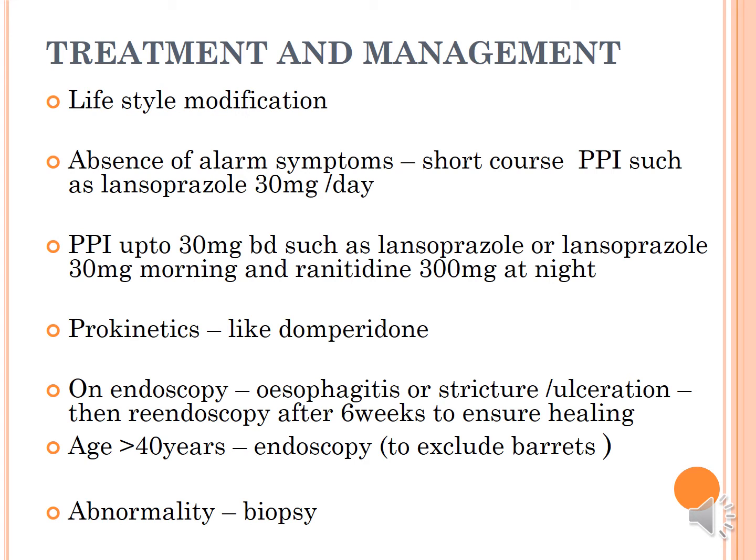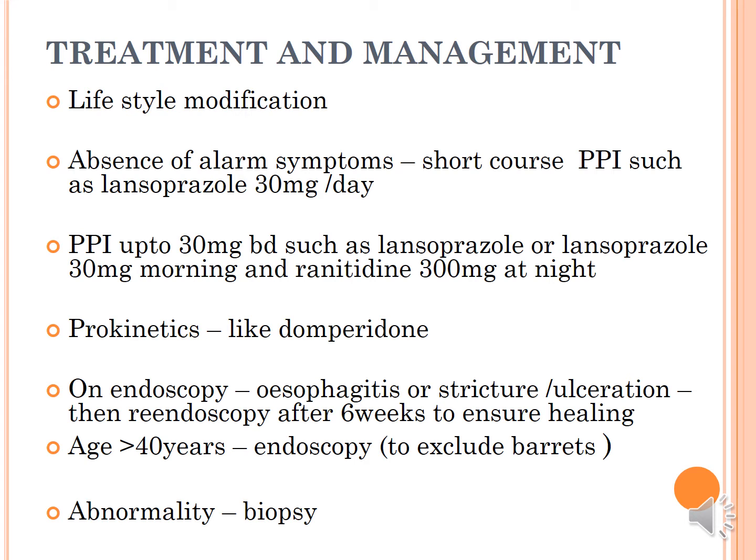Treatment is mainly lifestyle modification, absence of alarm symptoms, a short course of proton pump inhibitors such as lansoprazole 30 milligram per day, or proton pump inhibitors up to 30 milligram BD, or lansoprazole 30 milligram in the morning and ranitidine 300 milligram at night.